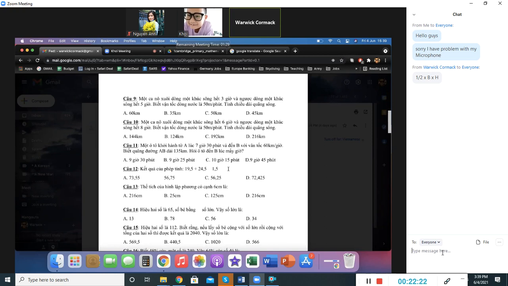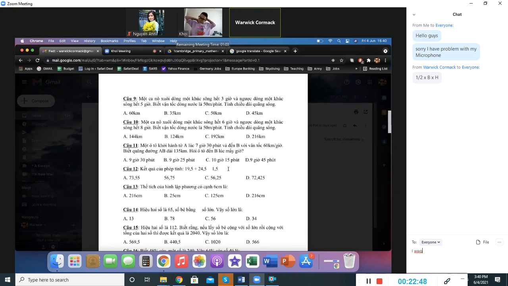Oh my word. Okay, well, 19.5 plus 24.5 is 44. I think it's plus. It can't be plus. Maybe it's multiply. Because if it's plus, then it will be 45.5, and there's no 45.5 in A, B, C, and D. So 44 multiplied by 1.5.